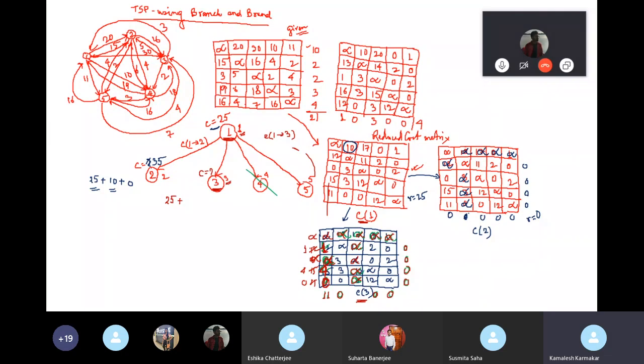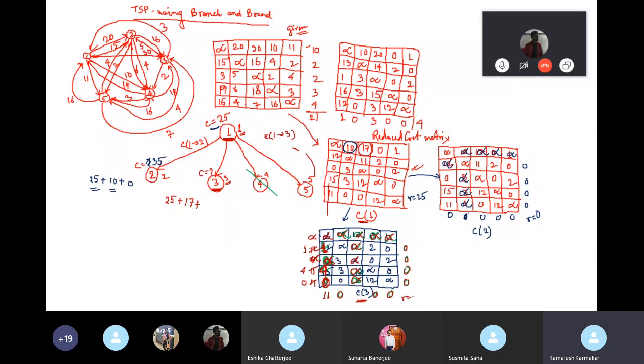What is the cost of this edge from vertex 1 to vertex 3? From the parent, we get that 1 to 3 is 17. So 25 plus 17 plus the cost of this reduction.